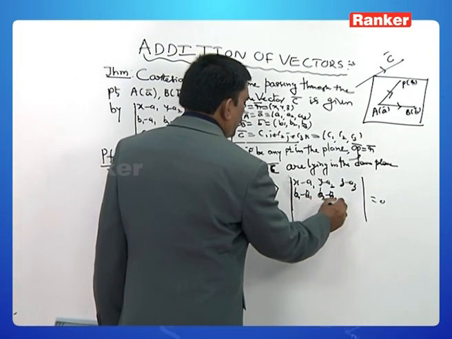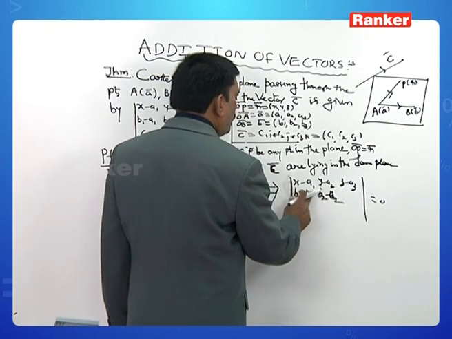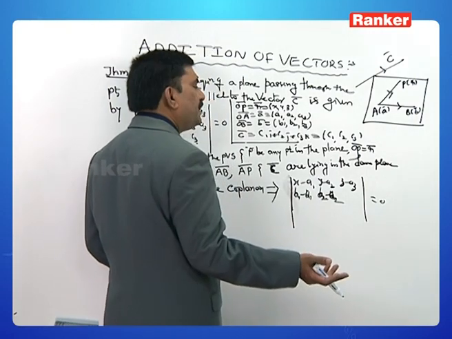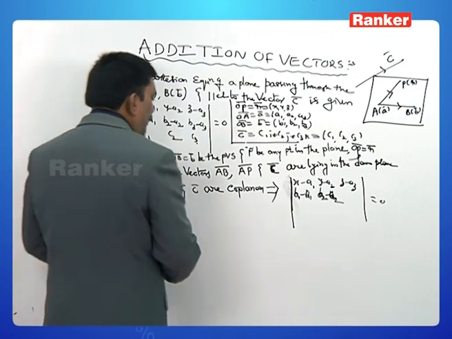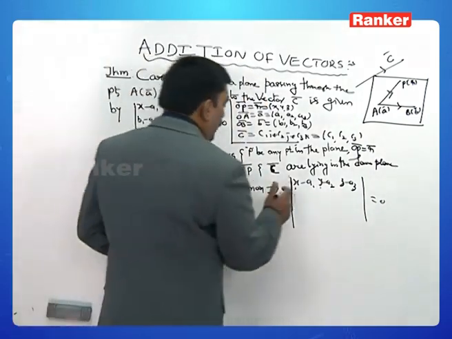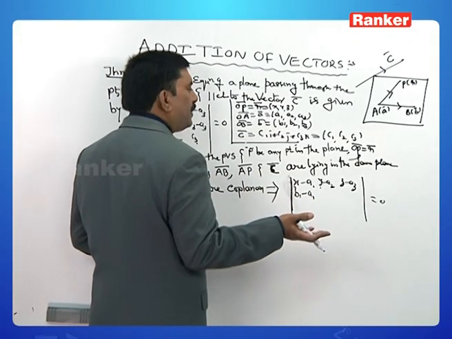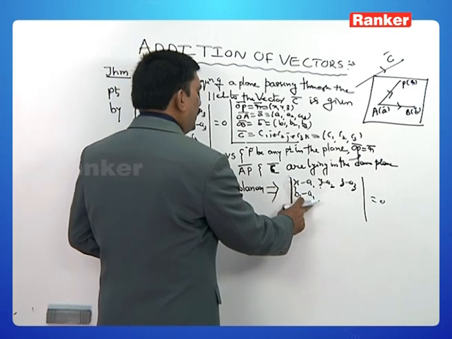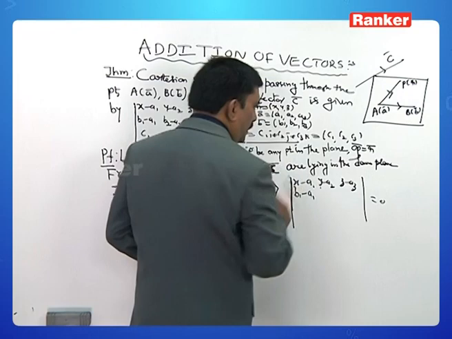Even if I write a1 minus b1, it is also correct because the RHS is equal to 0. Look here, I can write OB minus OA, or I can also write OA minus OB: a1 minus b1, a2 minus b2, a3 minus b3, which is also correct because the RHS is equal to 0.